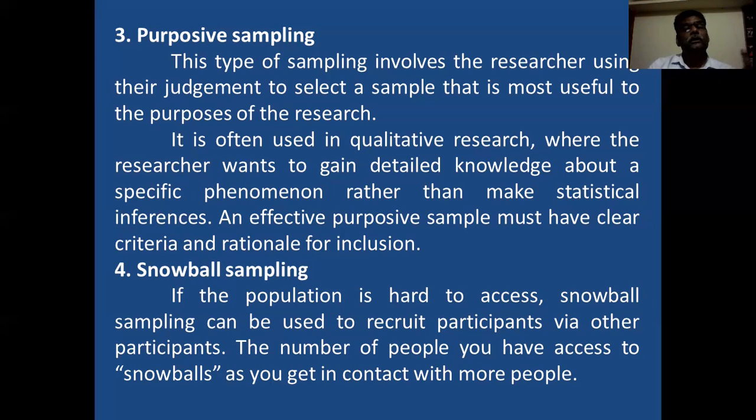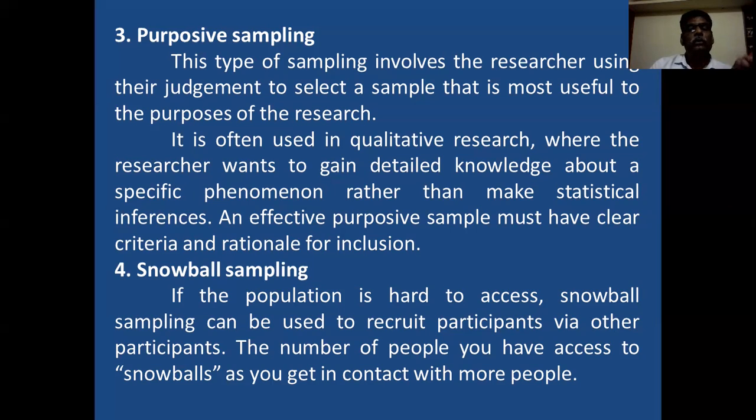Second is homeless people. If you want to collect information from the homeless people, then who are the persons not having residences or homes can be ascertained with the help of one or two members.